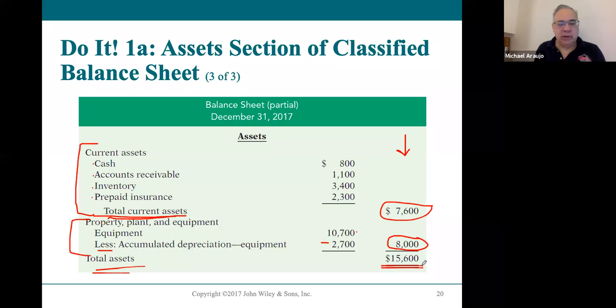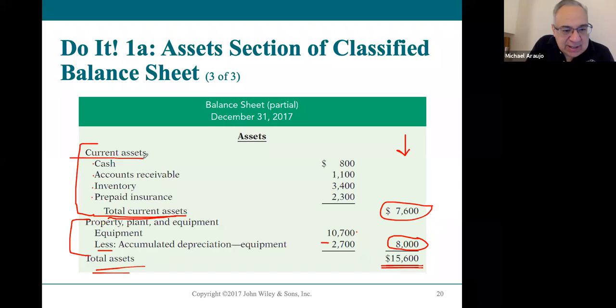Your homework is going to look like this. So you're going to want to make sure that you have page 47 handy, which is the example in your book on Franklin Corporation that we went over. It has all the accounts listed in the order that they would normally be listed. You also have this do-it exercise on page 49 that has the accounts listed in any old order, and you see how we have to put it in the order.